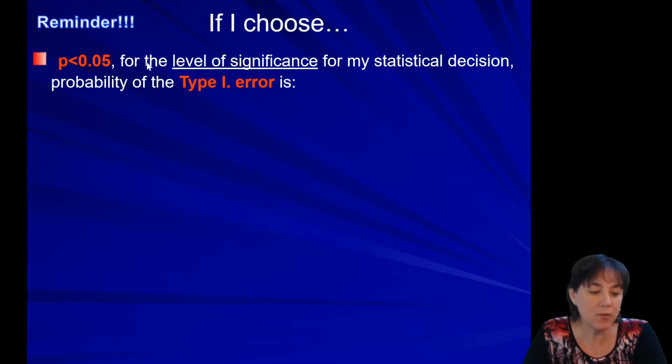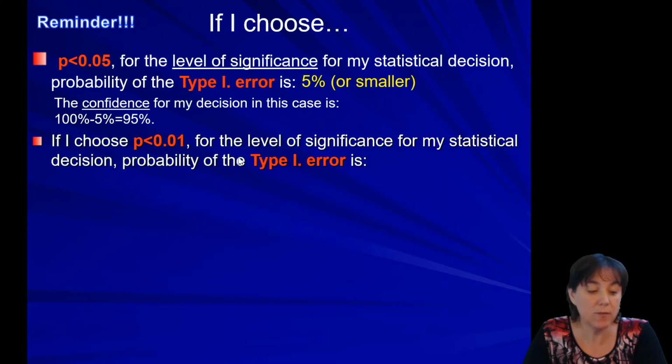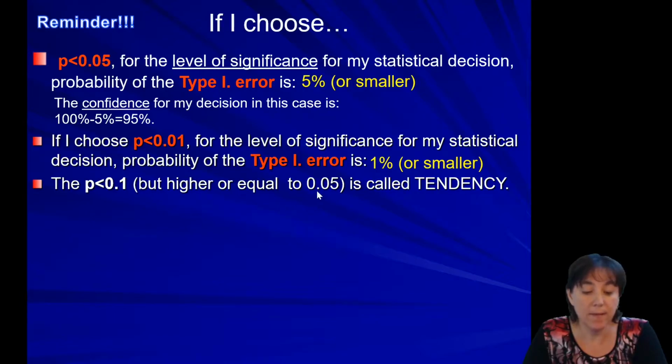So if I choose this value for the level of significance, the usual 5% value, my probability for the type 1 error is 5% or even smaller. My confidence is such, but if I choose a more strict rule to begin with, it will be just 1%, and anything above the 10% is a tendency.